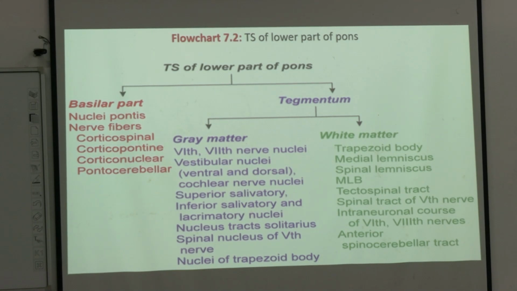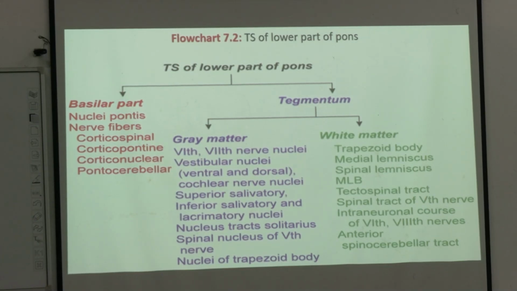Along with that, we have some additional nuclei: the superior and inferior salivatory nuclei. The superior one is visible here, the inferior one is also visible here. We call the nucleus supplying the lacrimal glands the lacrimatory nucleus. And again, the nucleus tractus solitarius and the sensory nucleus of the 5th cranial nerve are present.